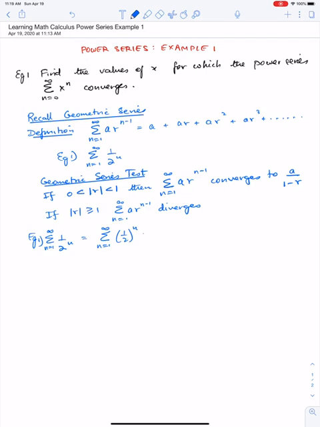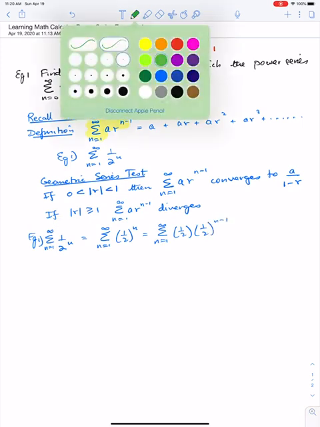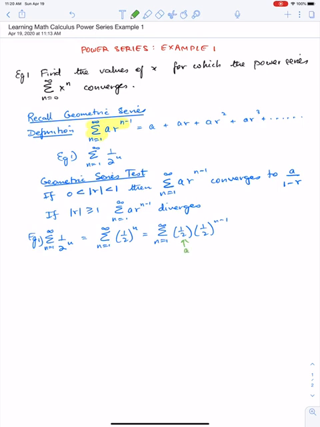And then in order to get my a and my r very clearly and put it in the form of the geometric series summation a r to the n minus 1, I'm going to factor out a half, and I have half to the n minus 1. So this is my a, and this is my r. R is half, so this series converges.